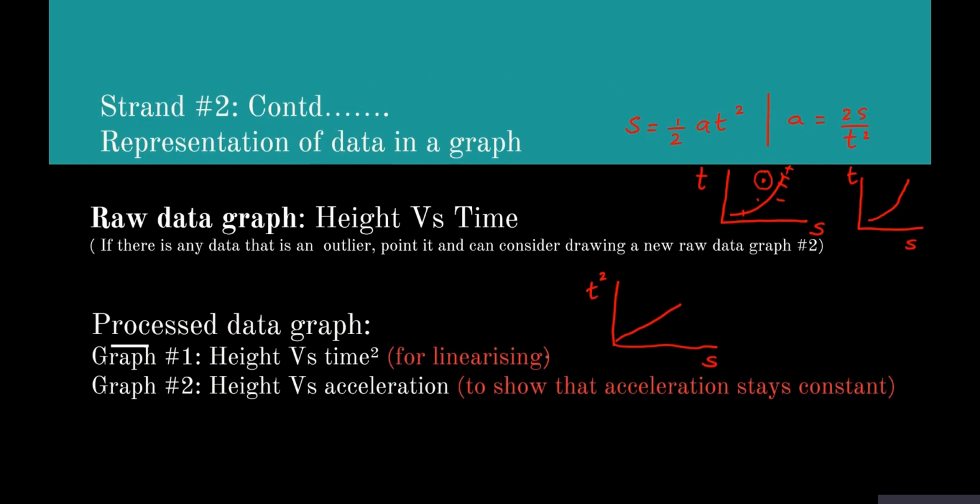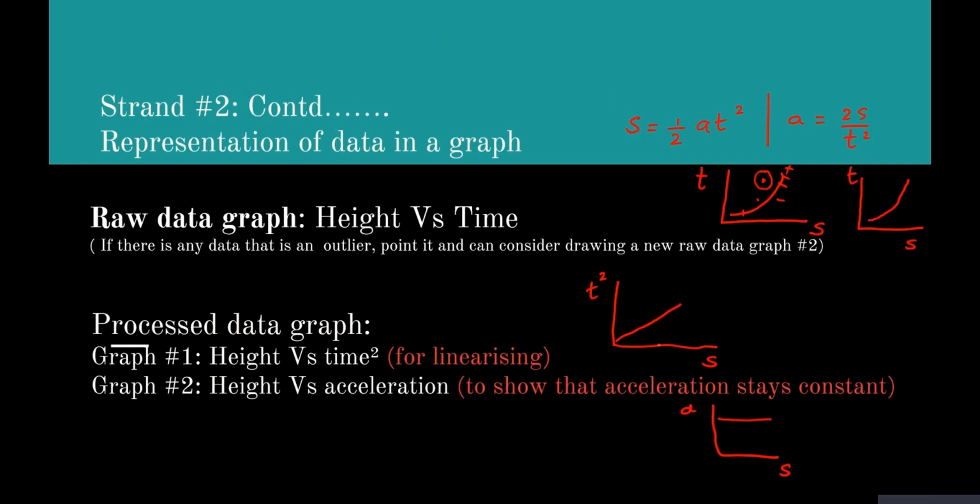All right. Also, in addition to this graph, you can also have a graph between height versus acceleration. So you will have a graph between S and A. And since we know that acceleration of free fall is constant, we are expecting a straight line like this.